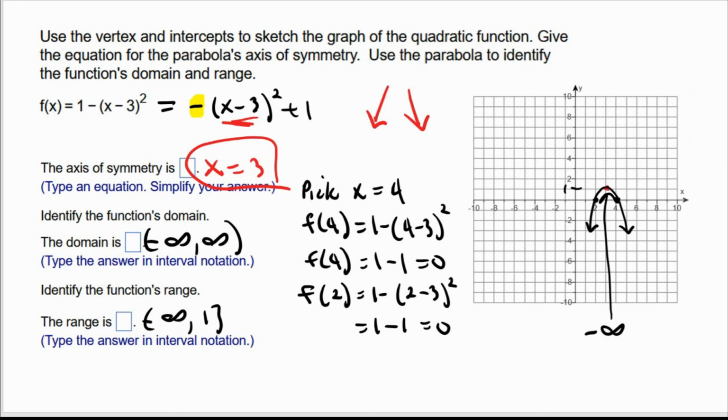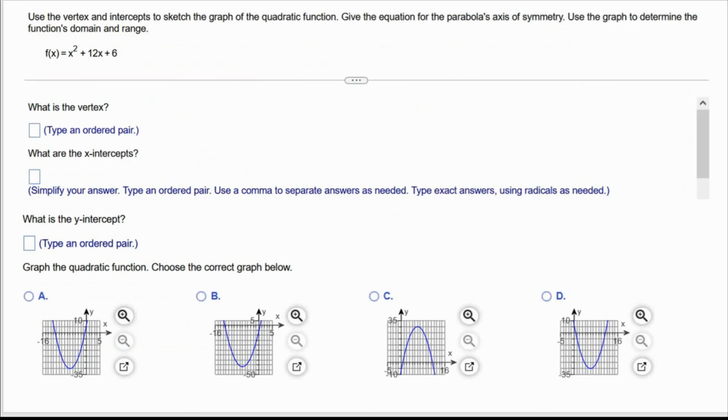No problem. So here, use the vertex. Well, what is the vertex? So let's complete the square. So this is x squared plus 12x. Look at the coefficient of x, which is this 12. Take half of it, I get 6. Square it, I get 36. Add it and subtract it.